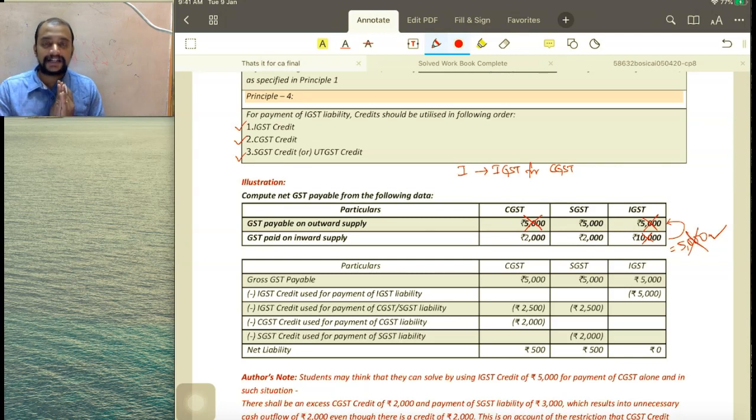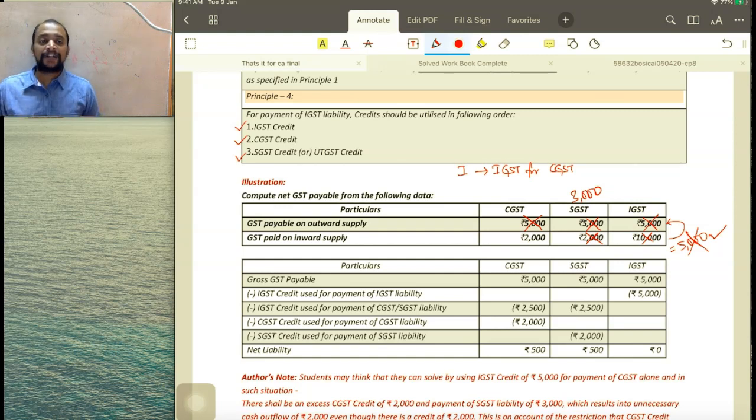CGST gone. Now, what do I have? I have SGST liability and SGST credit: SGST liability 5,000 and SGST credit 2,000. Using this 2,000, I will pay 5,000. So still I have 3,000. Now, can I use CGST credit 2,000 for payment of 3,000? No, cross utilization is not possible. Then what will happen in alternative 1?